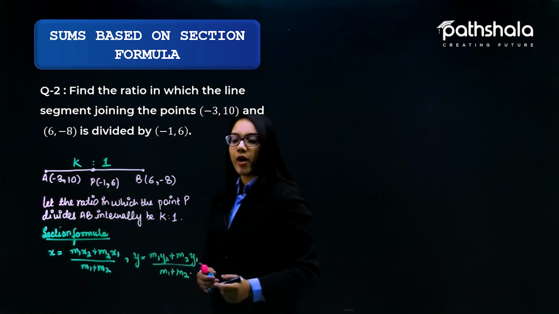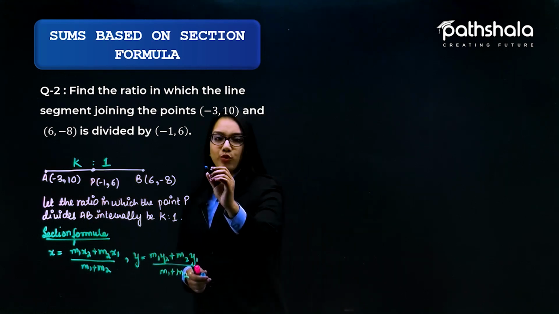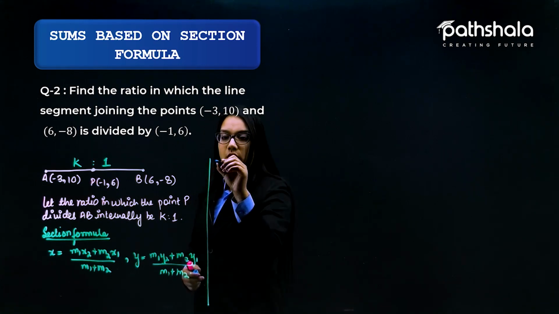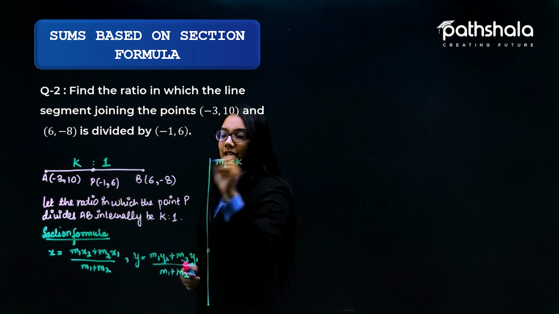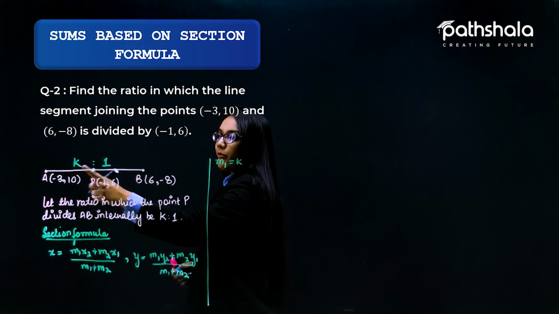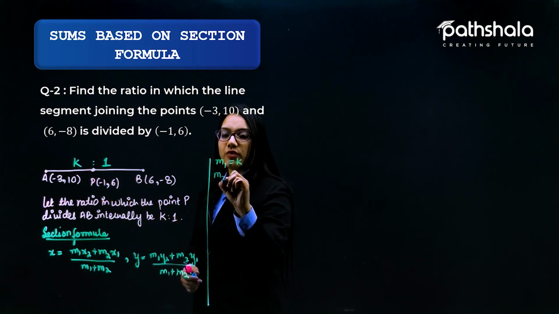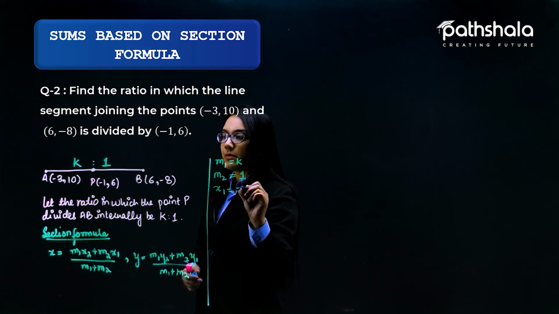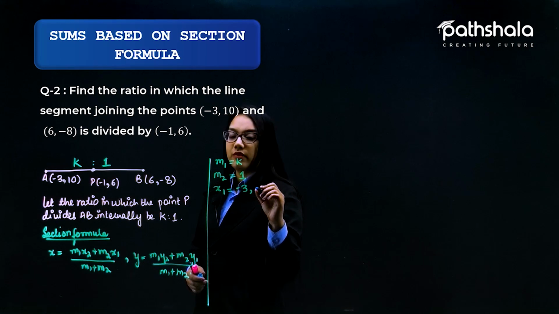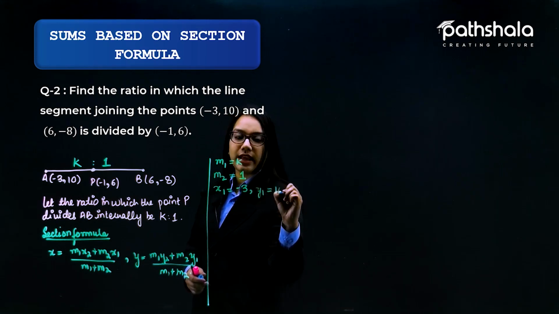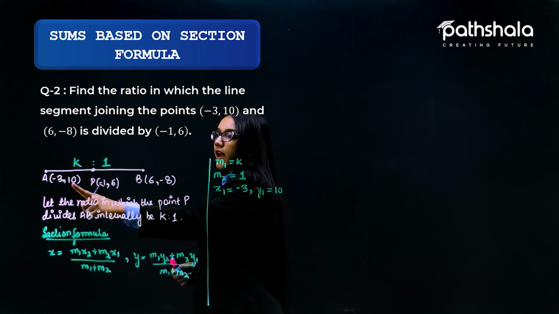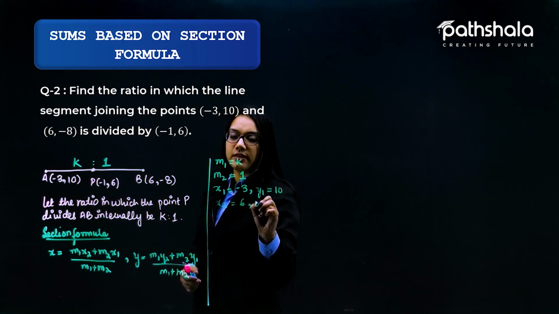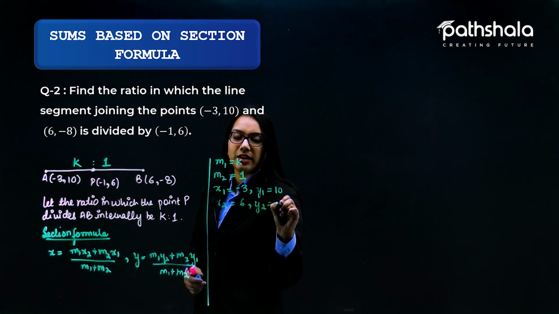In place of m1 we are taking k, in place of m2 we are taking 1, because the ratio is always of the form m1:m2. Further, x1 is -3, y1 is 10, x2 is 6 and y2 is -8.